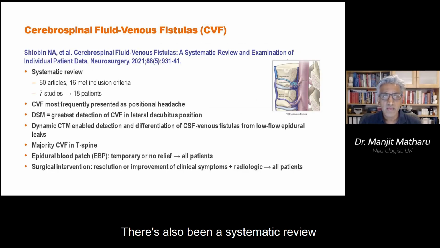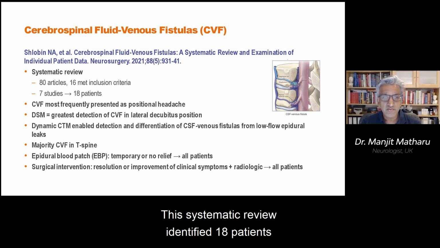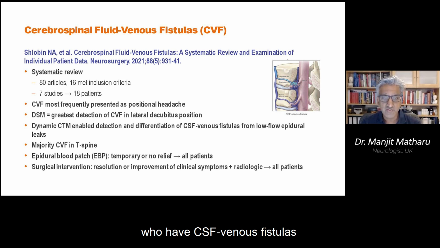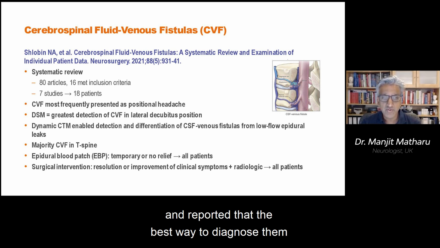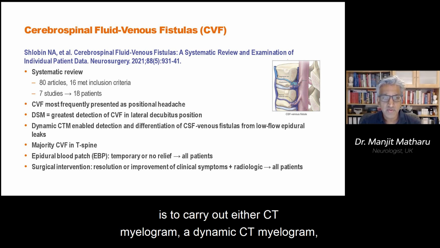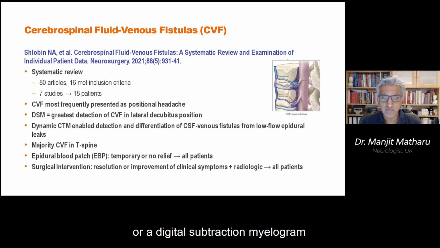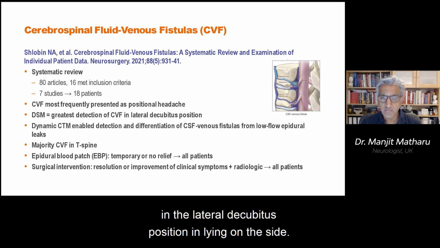There's also been a systematic review just on CSF venous fistulas. This systematic review identified 18 patients who had CSF venous fistulas and reported that the best way to diagnose them is to carry out either a CT myelogram, a dynamic CT myelogram, or a digital subtraction myelogram in the lateral decubitus position, i.e. lying on the side.